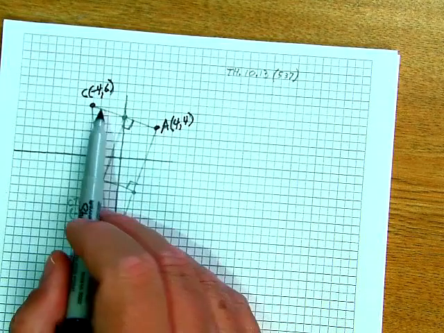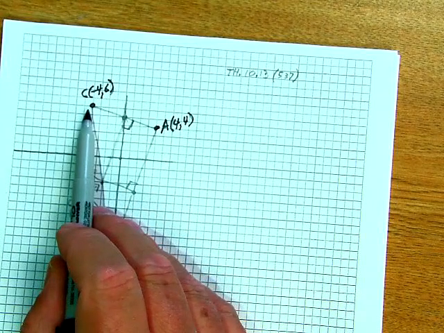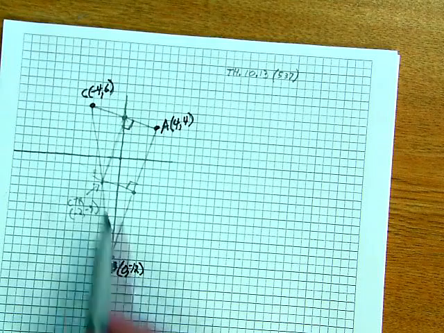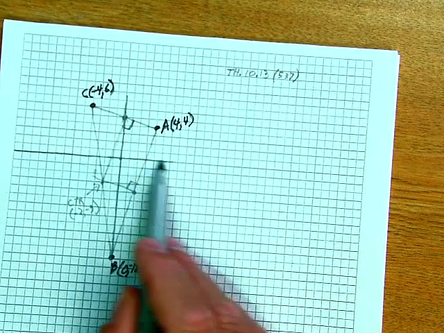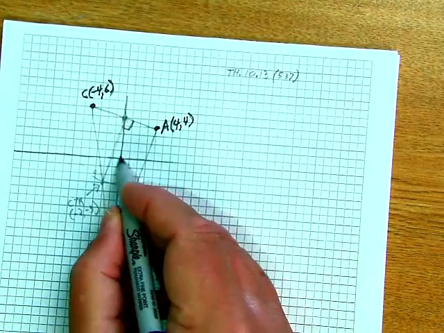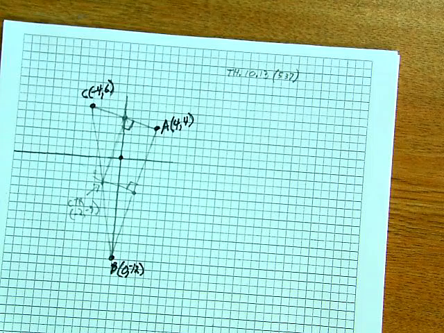Here are my 3 points. A is (4, 4). B is (0, −12). And C is (−4, 6). You can see this line here represents my coordinate plane, and right here is the origin. So now, how do I figure the center point?